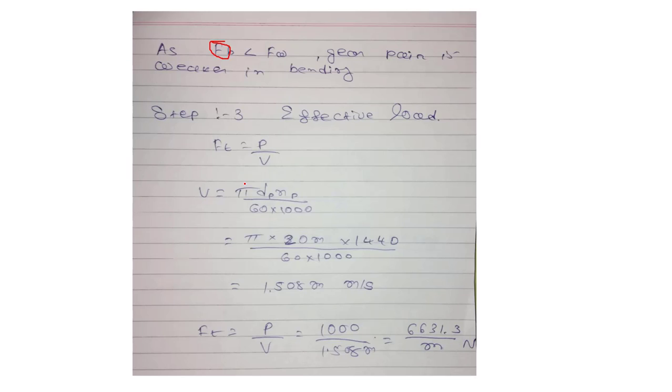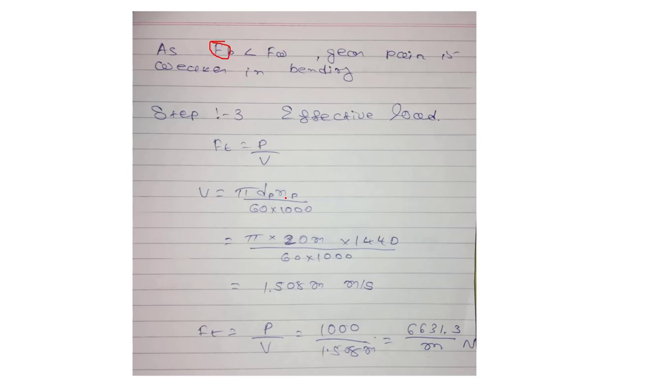Now next is effective load. So effective load equation we know, but here we are using velocity factor, so we will include Kv value in the equation. We all know that Ft is equal to P upon V, and V is equal to pi dp Np upon 60 into 1000.